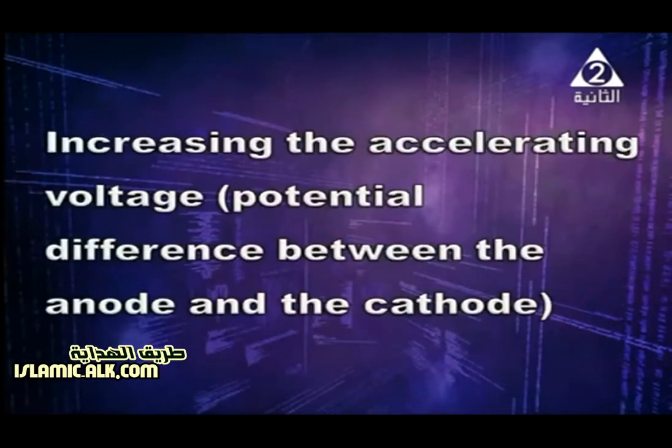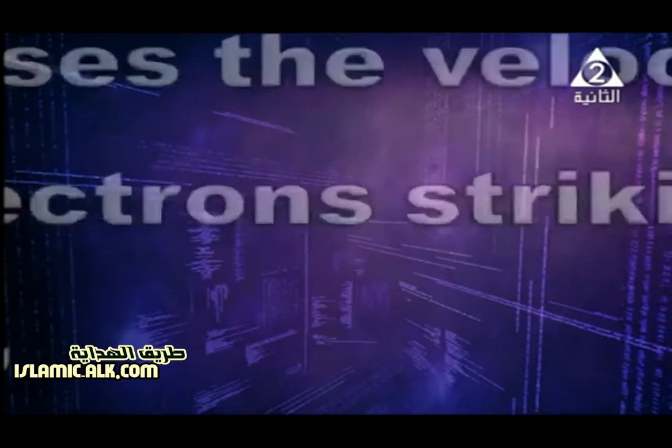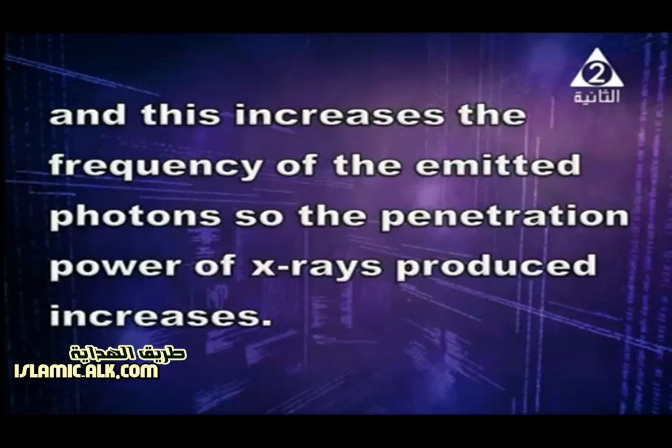For example, increasing the accelerating voltage, increasing the potential difference between the anode and the cathode, increases the velocity of the electrons striking the anode. We call them bombarding electrons. And this increases the frequency of the X-ray photons emitted. So the penetration power of X-rays produced increases.